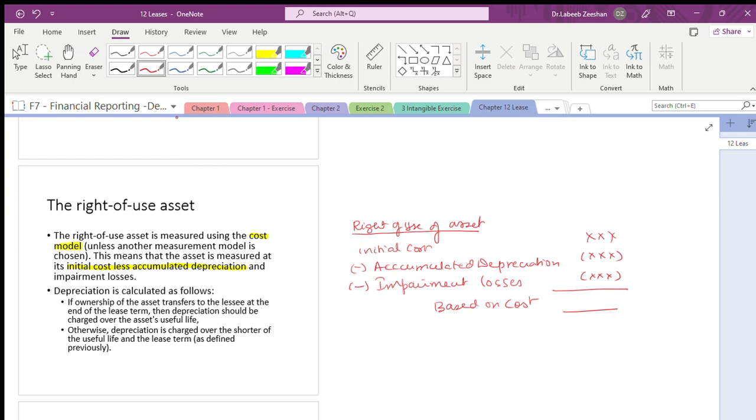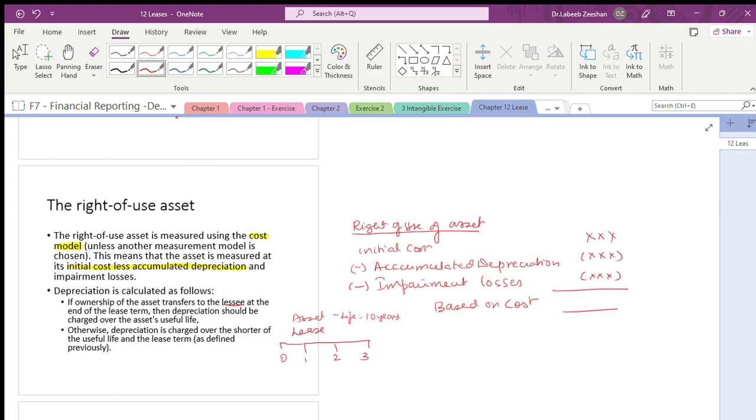If ownership of the asset transfers to the lessee at the end of the lease term, then depreciation should be charged over its useful life. Take a small example: we are taking the asset on lease for 3 years, and assume the asset life is 10 years.